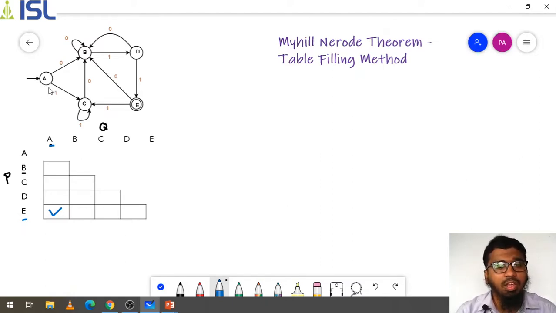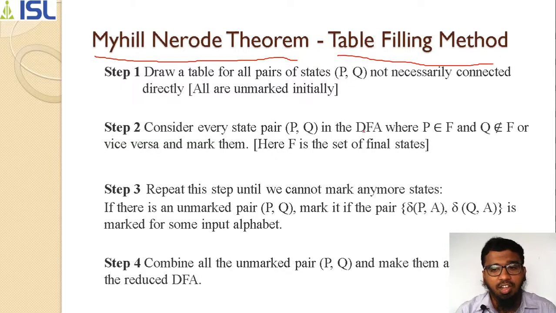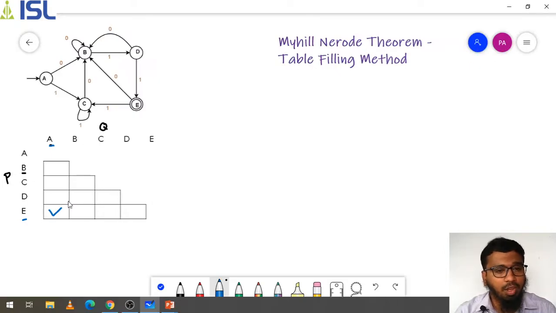Only then is it possible to mark in this table as per this condition. Next, E and B: B is a non-final state and E is a final state, so this is also marked with a tick.